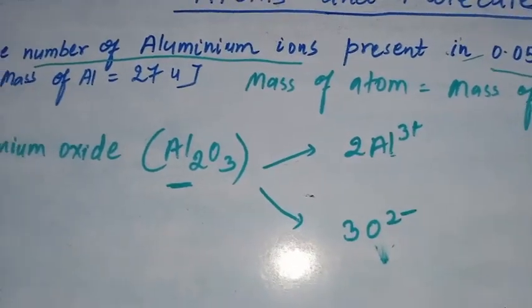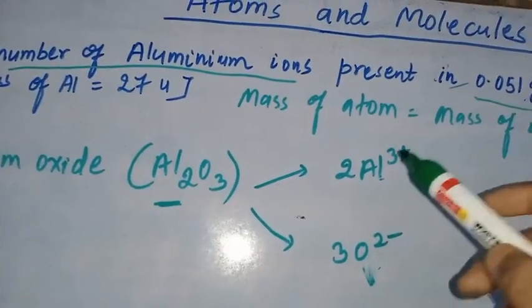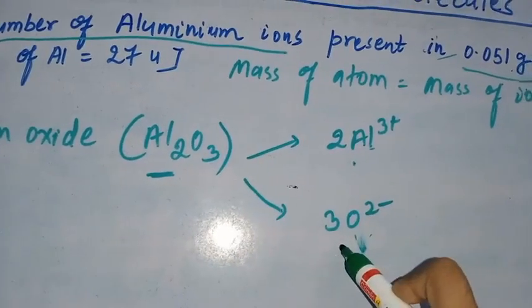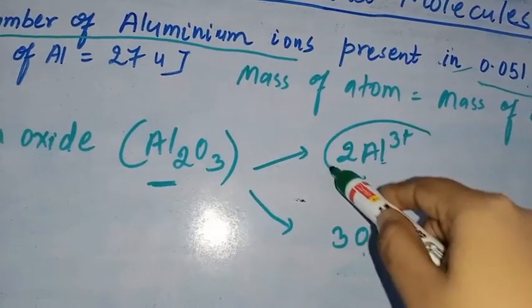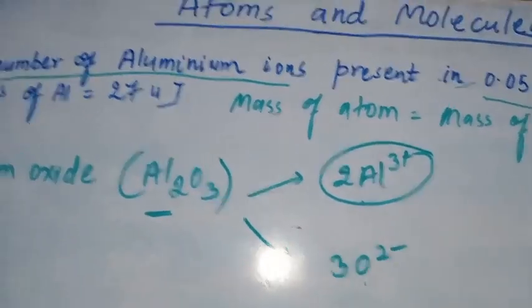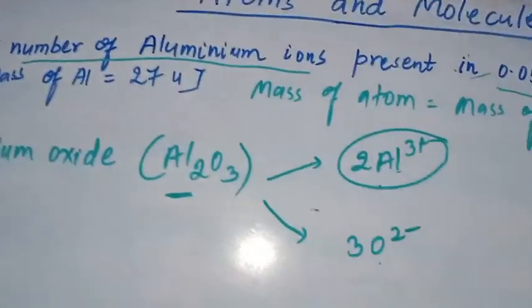So aluminium oxide is made up of 2 aluminium ions and 3 oxygen ions. We should pay attention to aluminium ions because we have to calculate the number of aluminium ions.